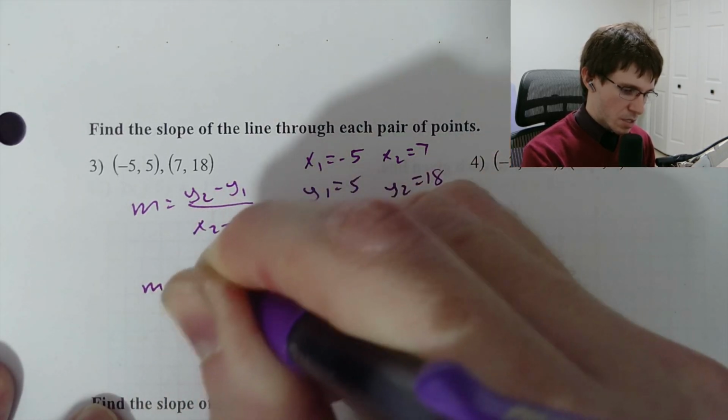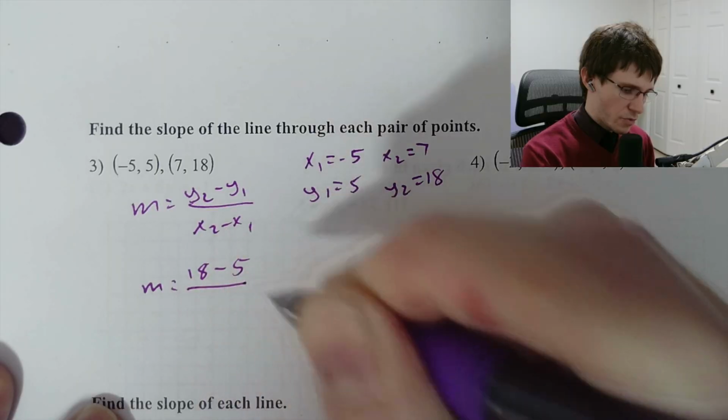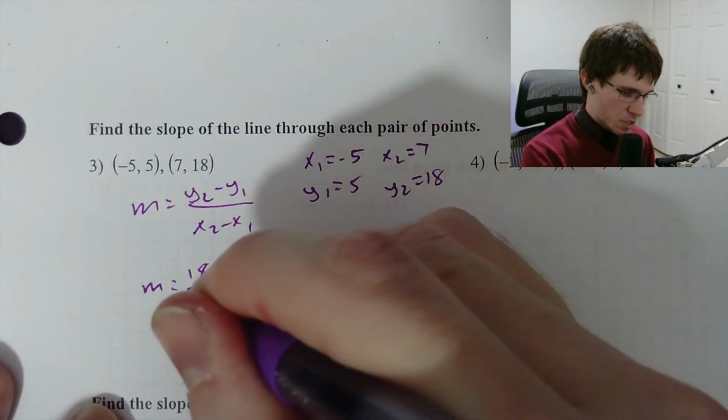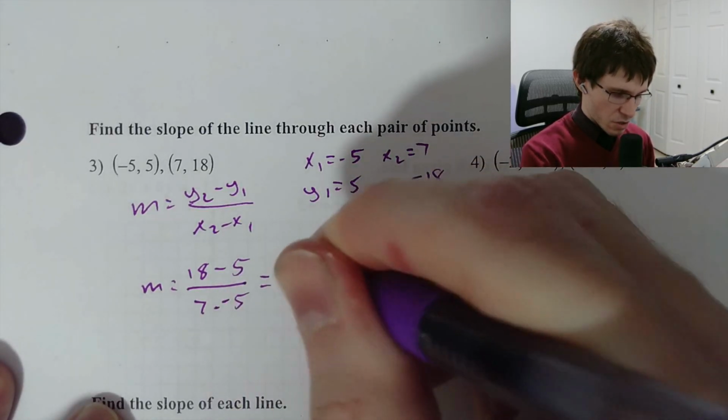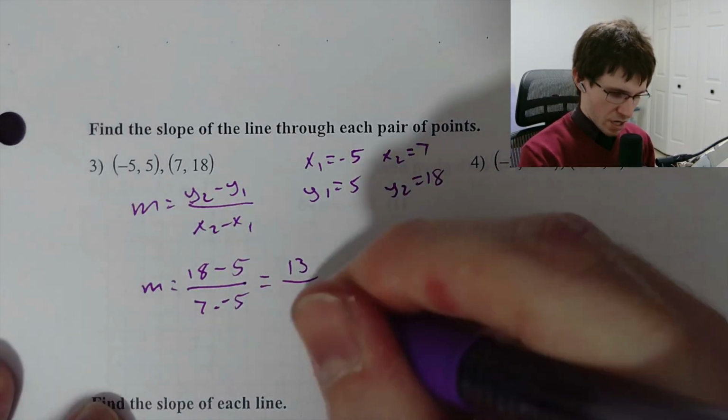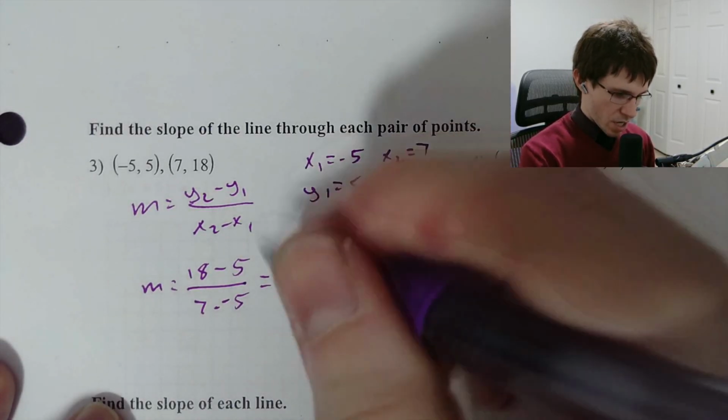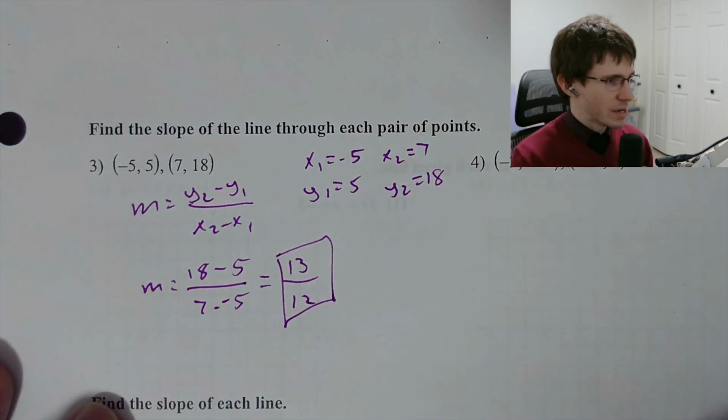So it's going to be 18 minus 5 over 7 minus negative 5. 18 minus 5 is 13. 7 minus negative 5 is 12. And we have a nice answer of 13 divided by 12.